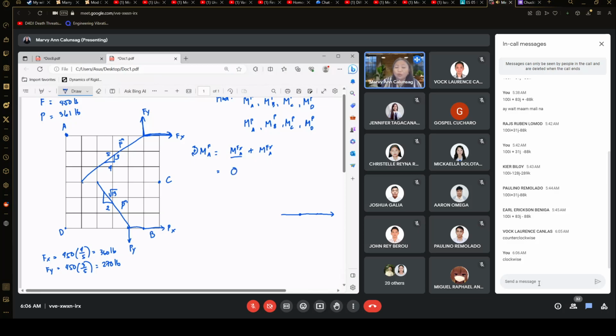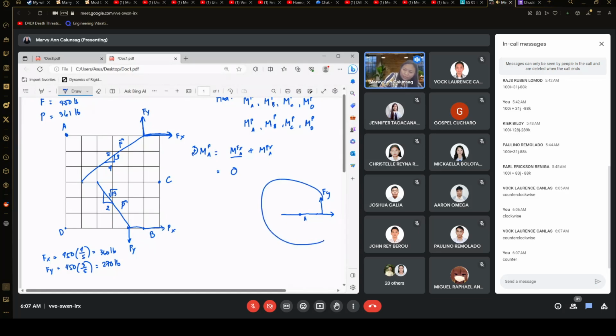Now, Fy. What is its rotation about A, clockwise or counterclockwise? It is on the left side of A, so it rotates to the left.